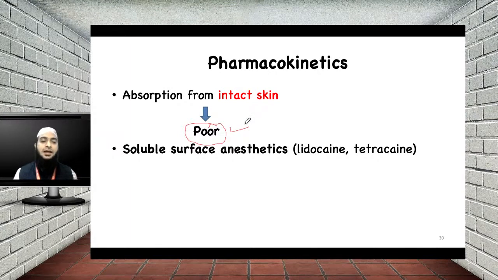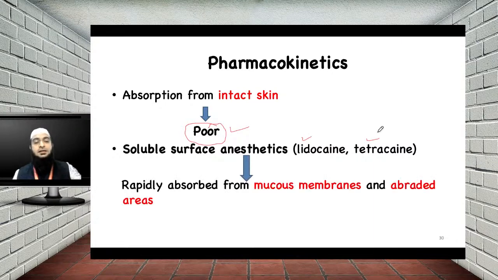Okay. In case of soluble surface anesthetics like lidocaine and tetracaine, we have seen that in case of surface anesthetics there are two categories, soluble and insoluble drugs. So the soluble surface anesthetics can rapidly absorb from the mucous membrane and the abraded area. So generally when you are performing a minor procedure, you shave that particular area.